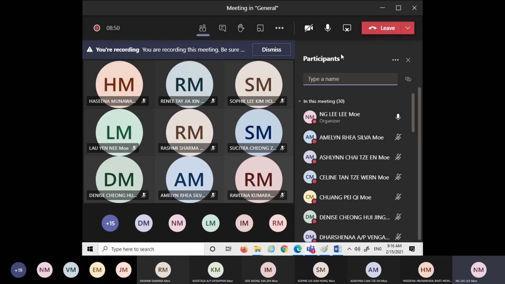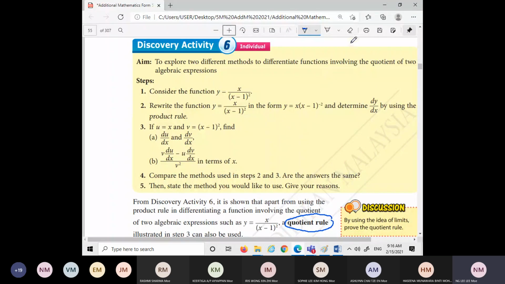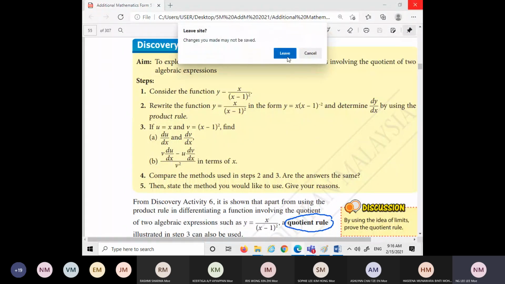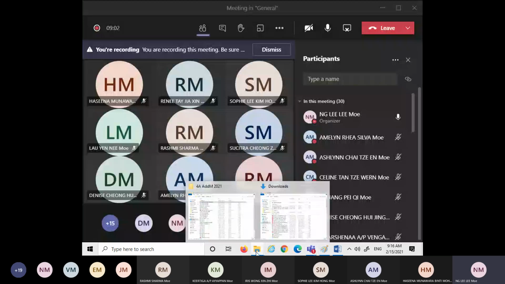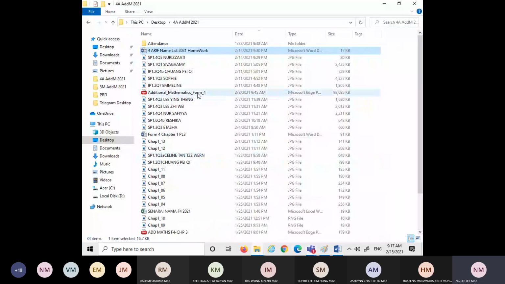So if you look at your textbook, okay, look at page 20.